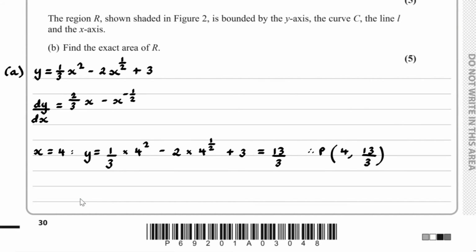We can also find out what the gradient of the tangent is by substituting x equals 4 into dy over dx. So we have 2/3 times 4, subtract 4 to the power of negative 1/2.